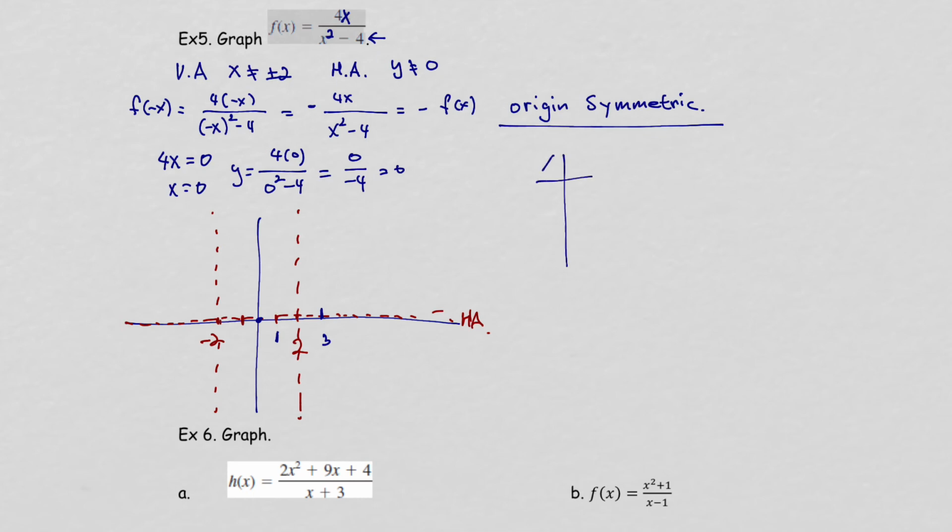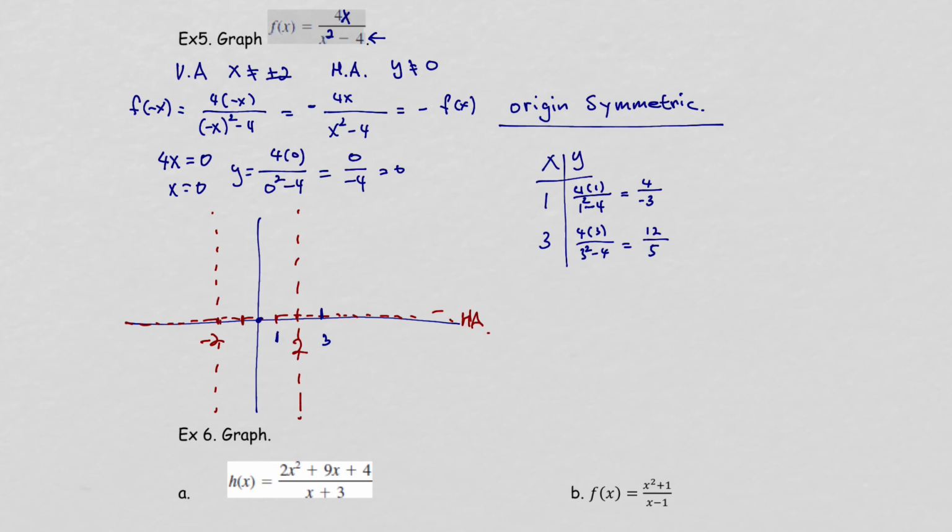by plugging in the points. When x is 1, you get 4 times 1 over 1 squared minus 4. So that is 4 over negative 3. When x is 3, you get 4 times 3 over 3 squared minus 4, which is 12 over 9 minus 4, 5.